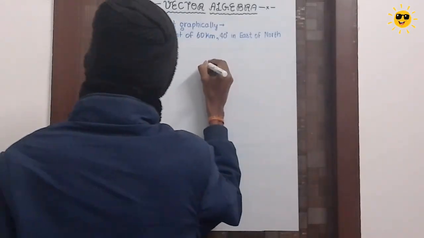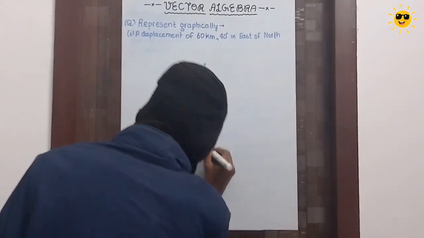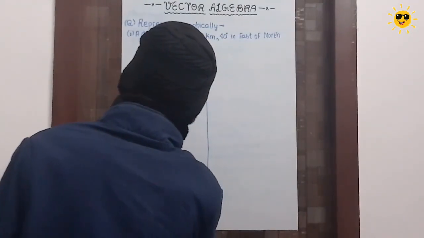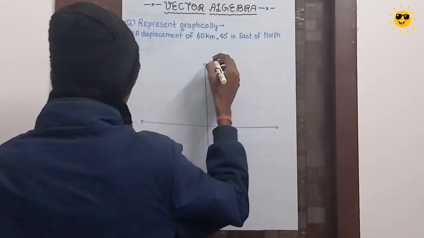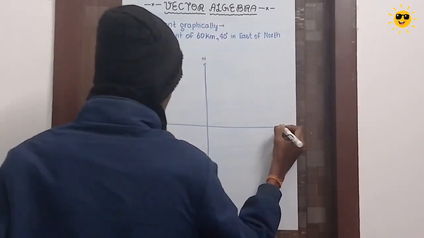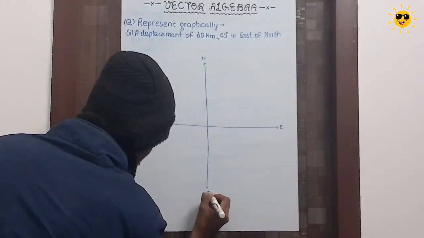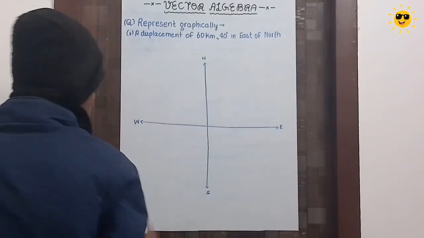We will draw a graph here. And as you know, this is north, this is east, this is south, and this is west.